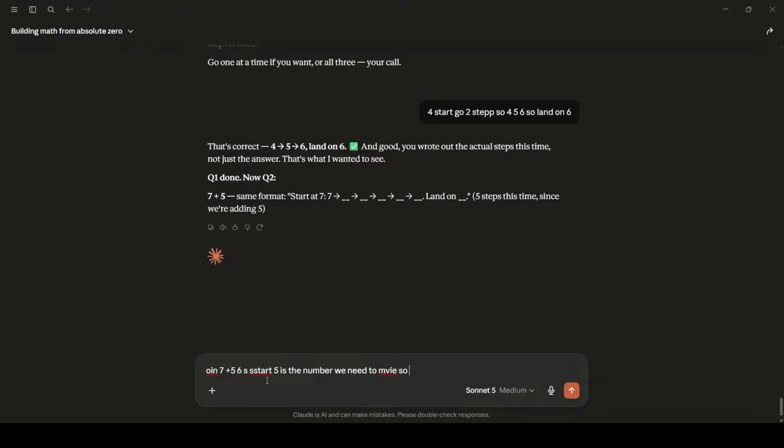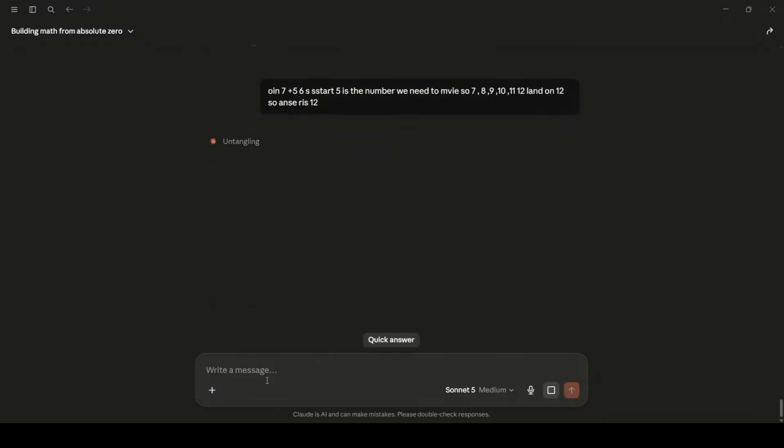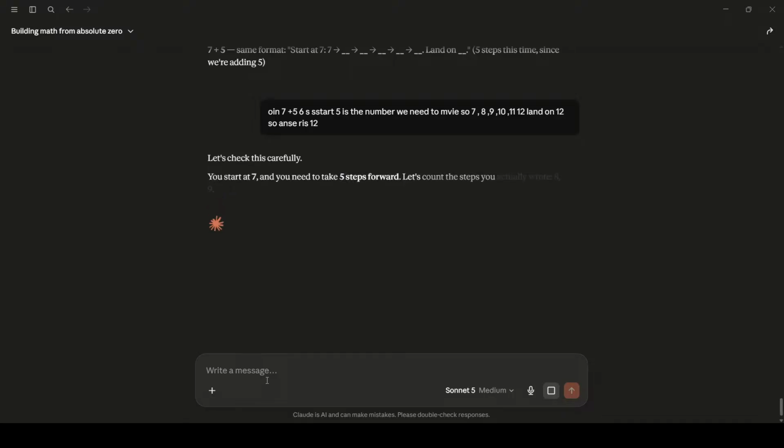So 7, 8, 9, 10, 11, and 12. We land on 12, so the answer is 12. That is our answer for 7 plus 5.